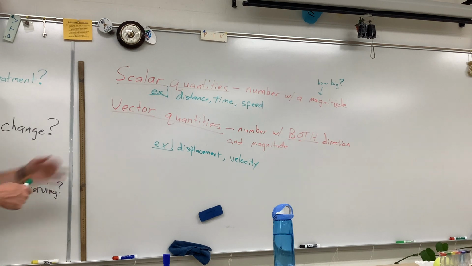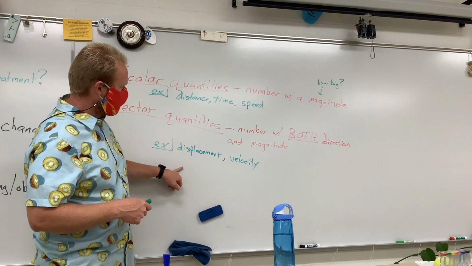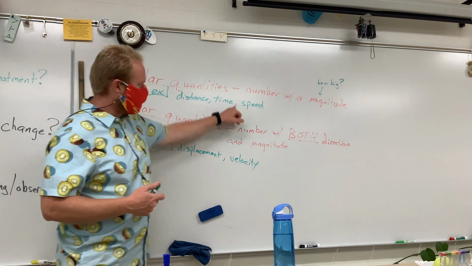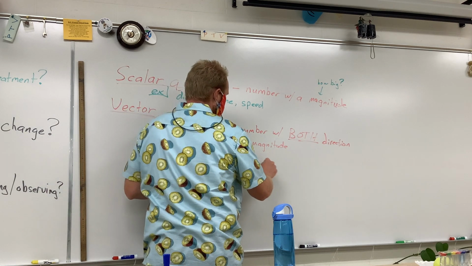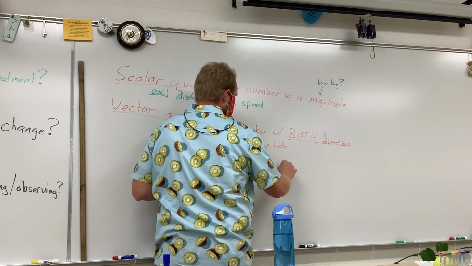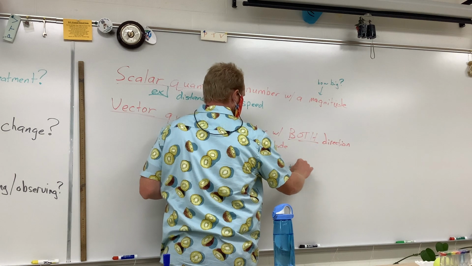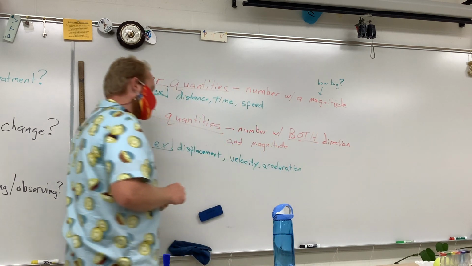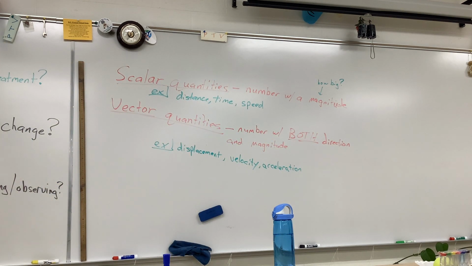Those are the two opposites, distance and displacement, speed and velocity. And another big one we're going to deal with, another vector quantity, is acceleration. So distance, velocity, acceleration. Those are the big three we're going to talk about when we talk about 1 and 2D motion. We'll talk about other vectors and scalar quantities throughout the year, but that's where we need to start.